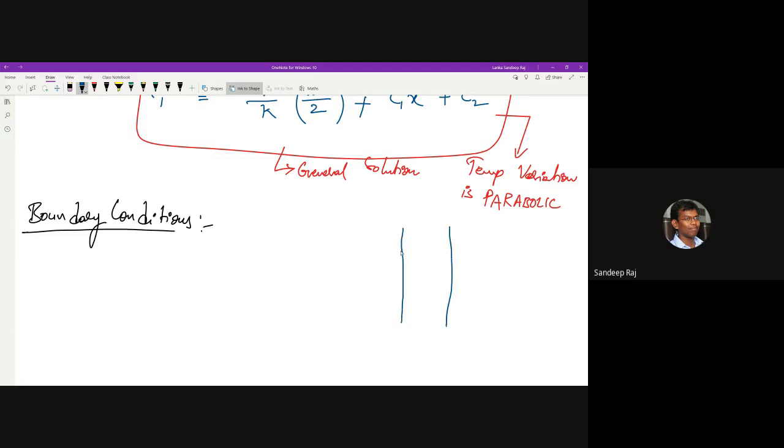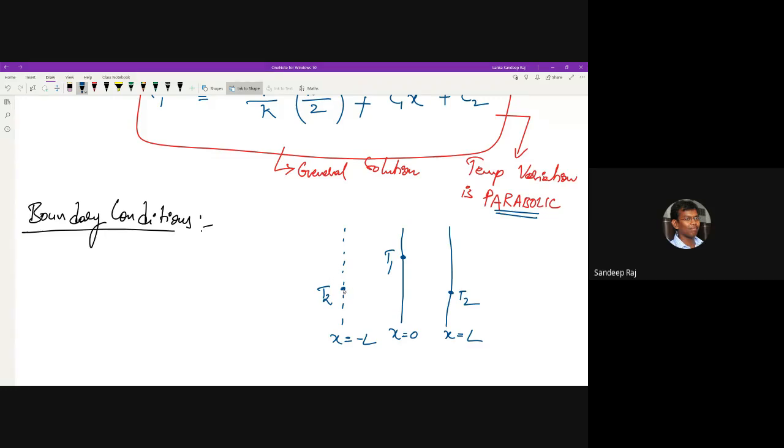See, this is what you have here. This is your slab. This is T1 and this is T2. And for the sake of this parabolic thing, what I'll do is I'll consider something called a symmetry on the other side, and I'll call this T2, so that this is your x is equal to 0 and this is x is equal to L. On this side, you will have x is equal to minus L, because the same thing you will have on the other side as a symmetry.